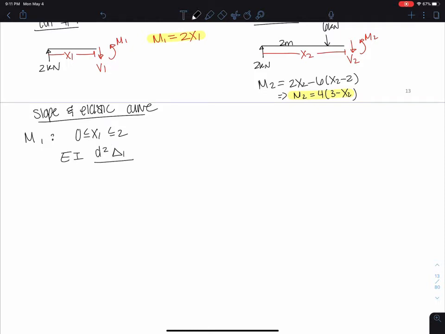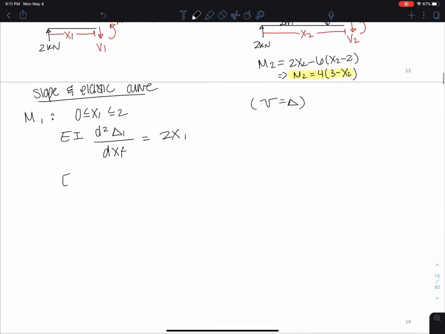I'm going to change them from v to delta because I don't want to confuse it with shear. I know that's equal to 2x1, just so we know v is equal to delta, this little v. And I'm taking the integral.